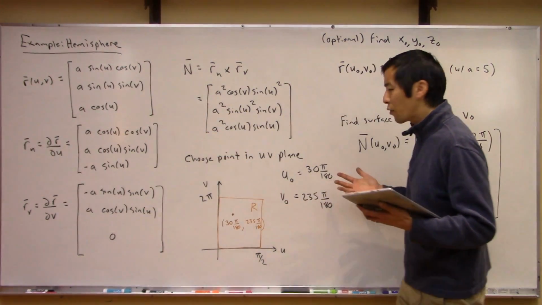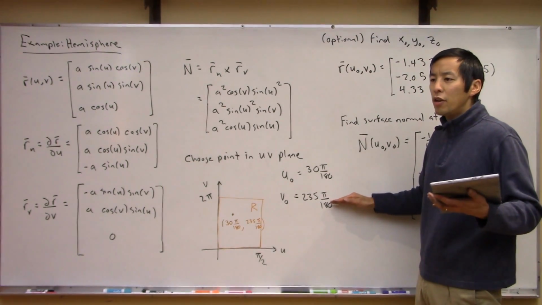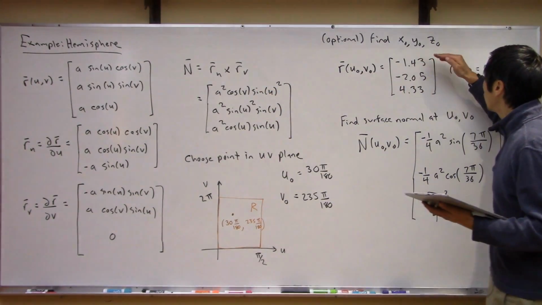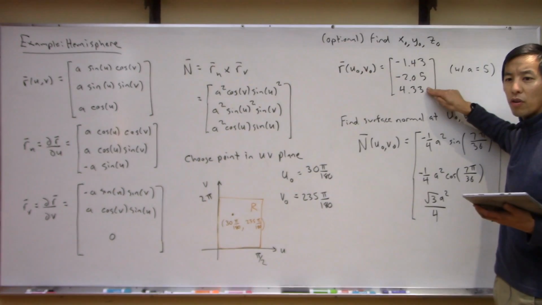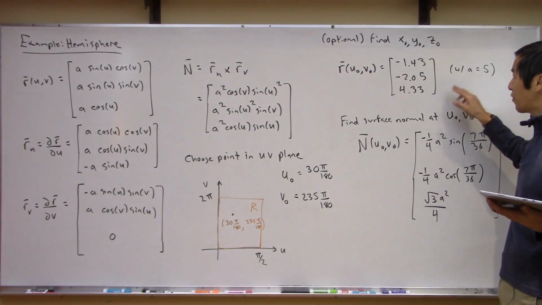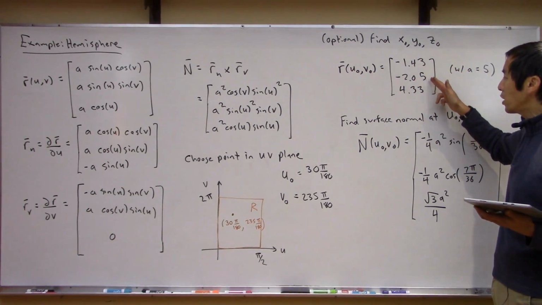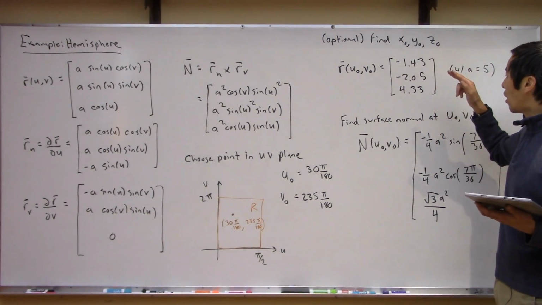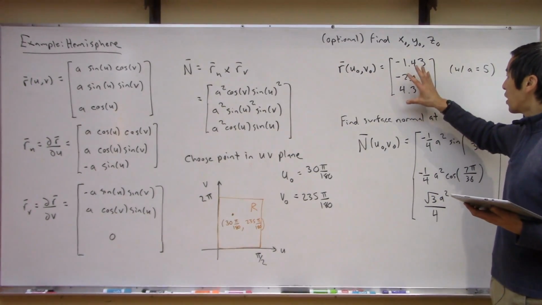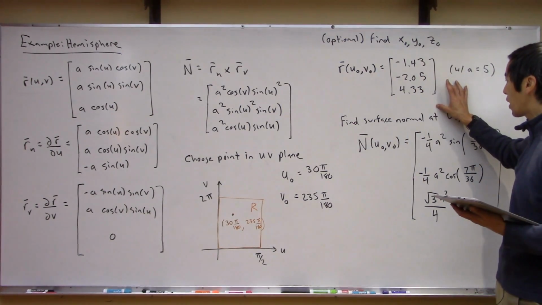If you think of this like the latitude and longitude of your city of interest, you run it through your parameterization, and that gives you the X, Y, Z location in space. I used an arbitrary a of 5 to get this location. So here is where it is. You can plot this, and this point should be on the surface S, which is that hemisphere with, in this case, a radius of 5. But again, you don't need this step. This is just for giggles if you want to see where that point happens to be located.